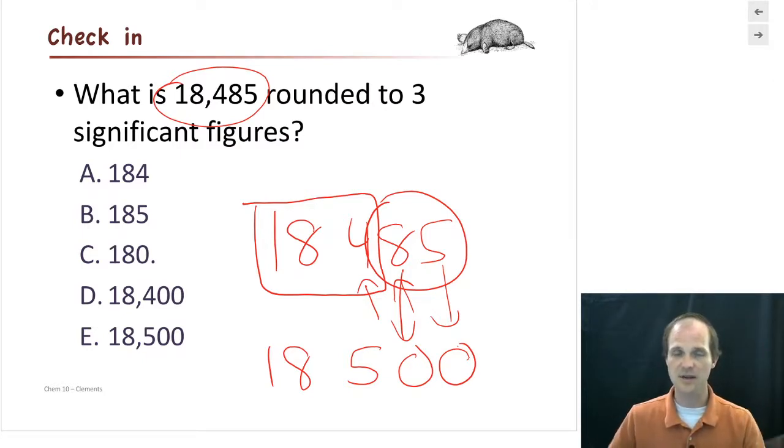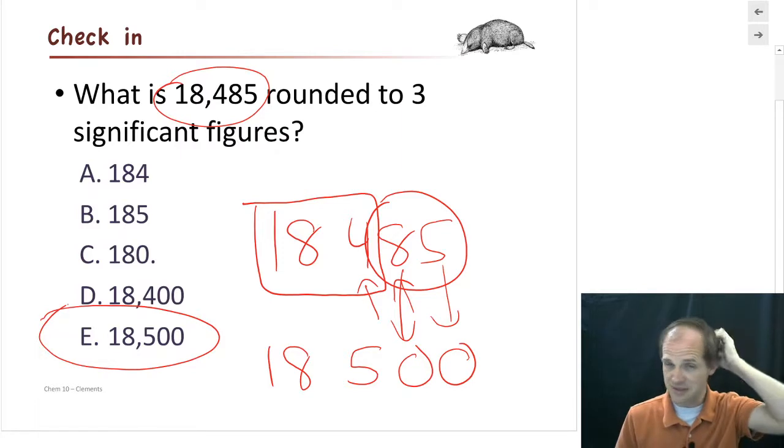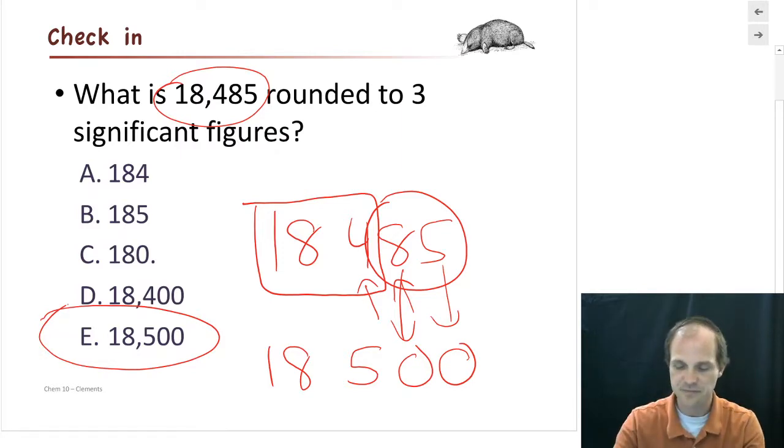I started with a number in the 18,000s. I should end with a number in the 18,000s or so. So I end up with 18,500, not 185. And I apologize for tricking you, but sometimes that's the best way to do things.